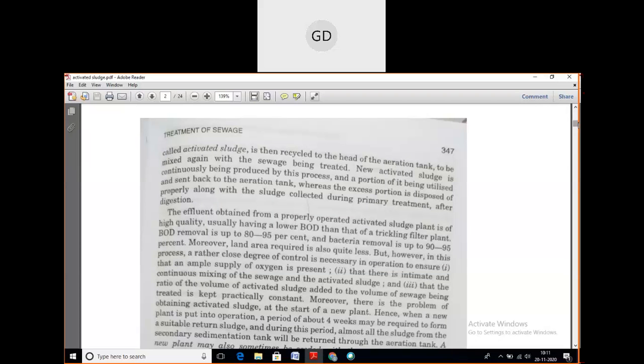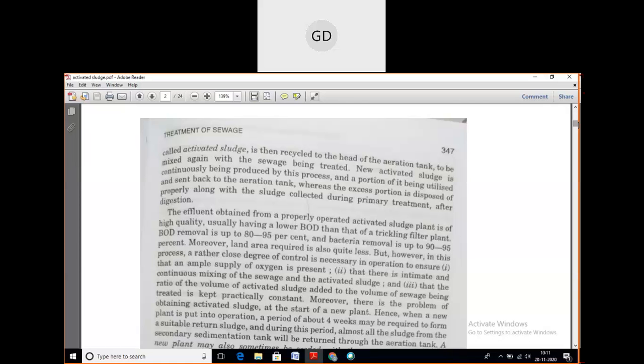The BOD removal here is up to 80 to 95%. BOD removal in the activated sludge process is 80 to 95%, and the bacterial removal is up to 90 to 95%.